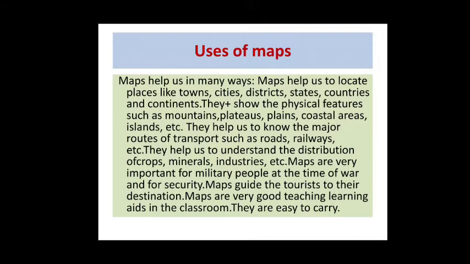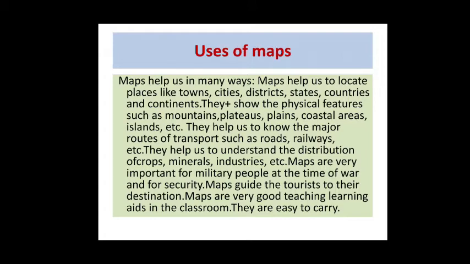They help us to know the major transport routes such as roads, railways, international roads, national highways, quadrilateral highways. The map gives us all this information. They help us to understand the distribution of crops, minerals, industries. When you go to higher classes, 8th, 9th, 10th standard, children, you can label the distribution of crops, minerals, mountain ranges, industries on the maps.